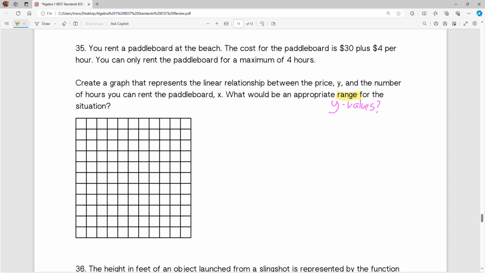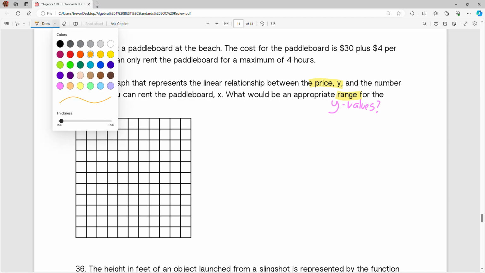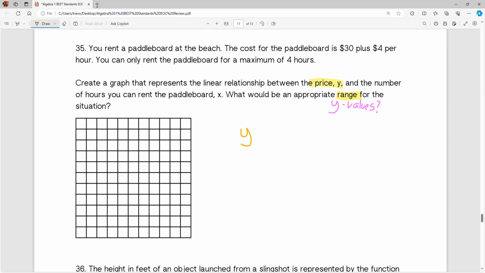Your cost is your Y. So we can say, right, that Y, the cost, equals the $4 per hour, where X is the hours you rent.